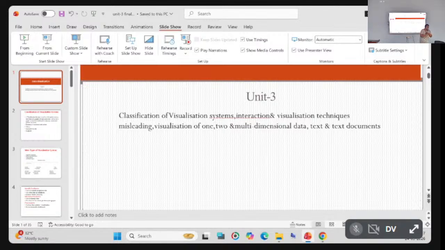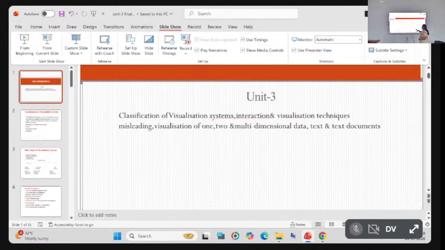Unclear images. Improper scaling. Cherry picking the data. How do you overcome that misleading information? By giving correct scaling, correct clear images, and all the data which is required, right?